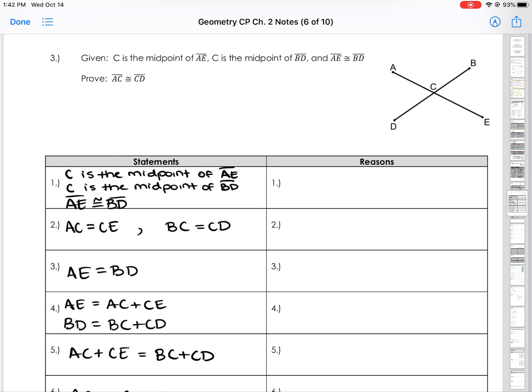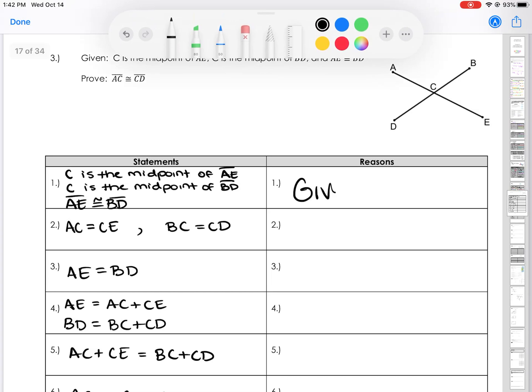The next one, we are given that C is the midpoint of AE. C is the midpoint of BD, and AE is going to be congruent to BD. So the first thing is given, that's all the information from that first statement. Next, we're saying that AC is equal to CE, and BC is equal to CD.